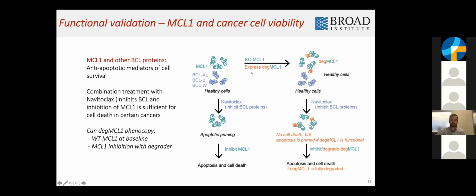And so we asked whether we could knock out MCL1, stably re-express the Degron tagged MCL1, and in the context of navitoclax treatment, the cells would be able to survive if the Degron tagged MCL1 was functional, and then further degradation of that Degron tagged MCL1 would lead to cell death.